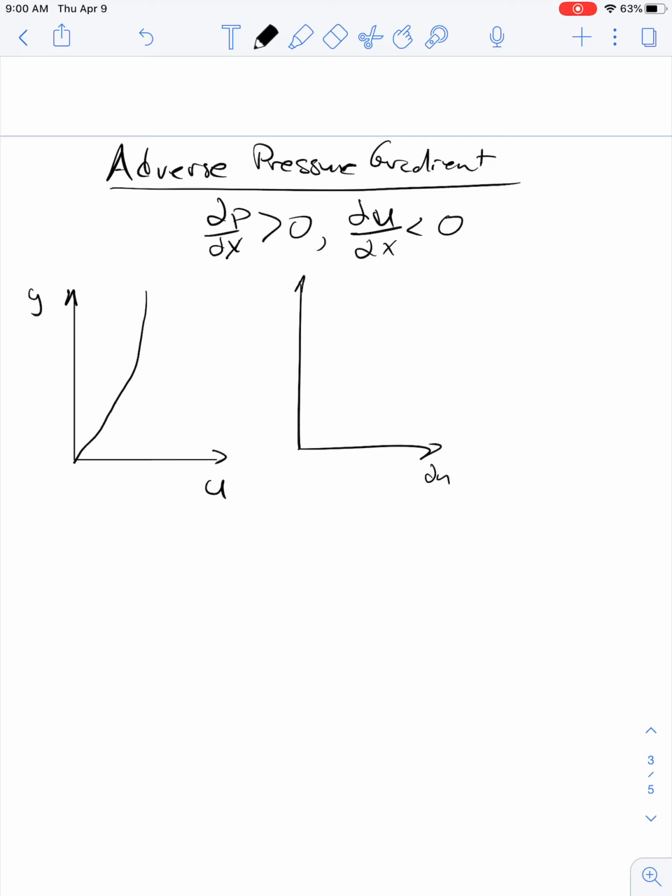And if we think about the gradient at the wall, du/dy as a function of y here, what is that going to look like? Again, I need to maybe do a better job of sketching this. What's happening is something like this. Somewhere in here we actually have an inflection point.